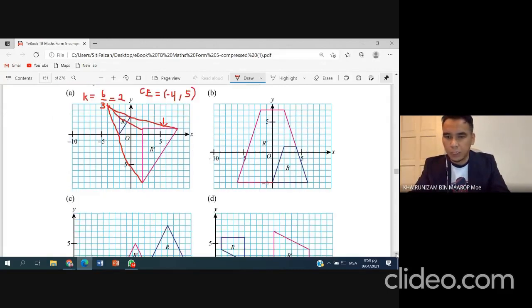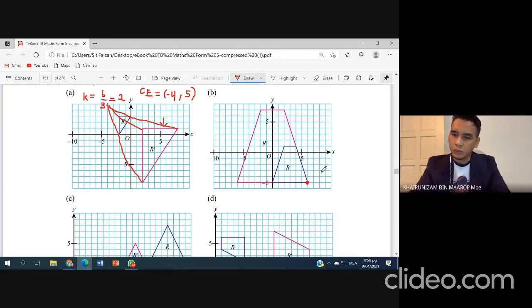Something like that lah. So kamu boleh buat sendiri, cuba sendiri. Okay, cikgu tunjuk yang ini macam mana. Ini kita boleh kira 1, 2, 1, 2, 3, 4. So 4 over 2 is 2. So the scale factor is 2. What about the center of enlargement? Okay, look at this one. Actually, this is the intersection point.